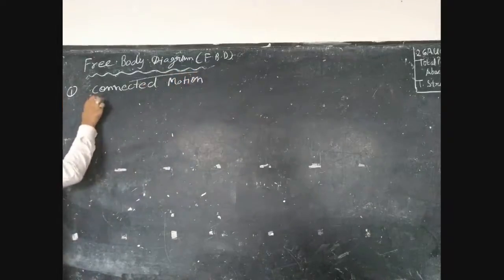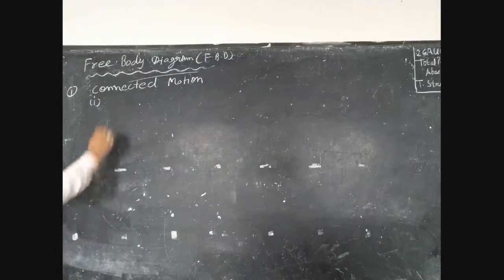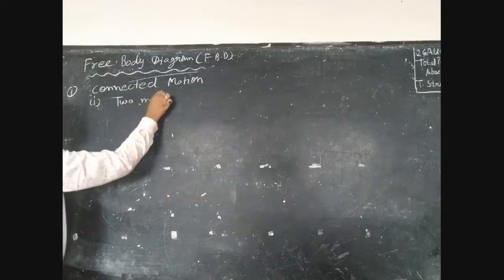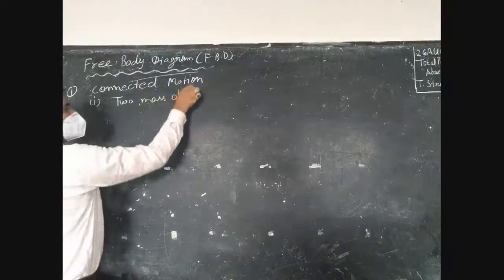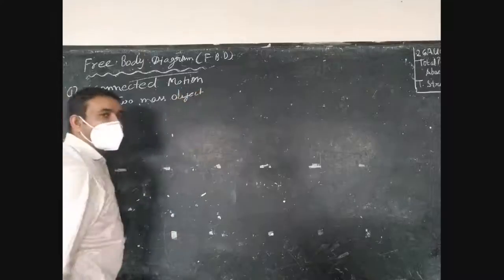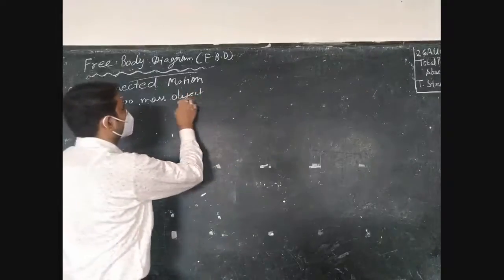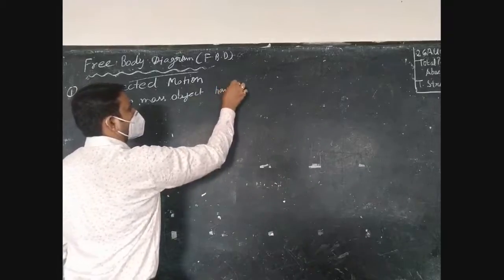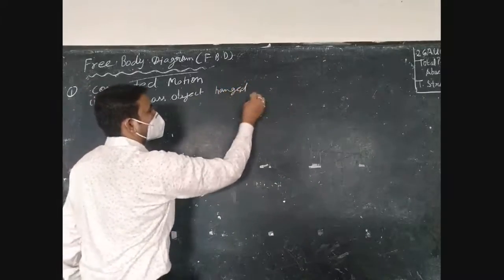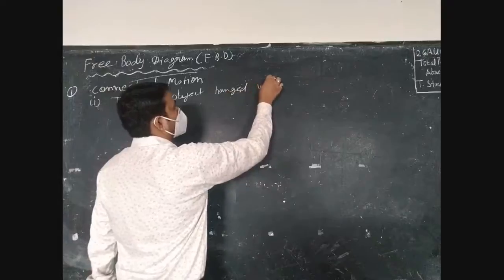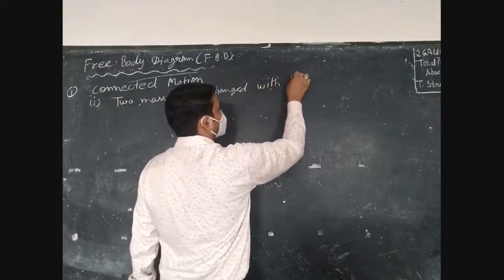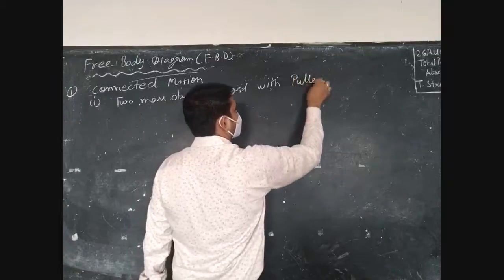The first point: when two mass objects hang with the help of a string, hang with the help of a pulley.